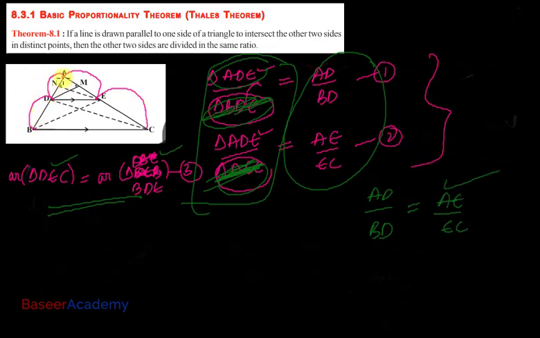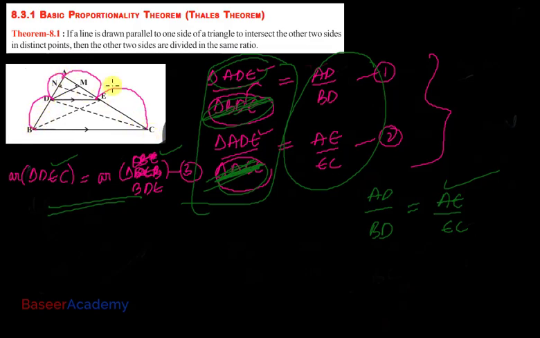AD by DB is equal to AE by EC. So this is the basic proportionality theorem, also known as Thales theorem. In a triangle, if we draw a line parallel to one side, it will intersect the other two sides in the same ratio.